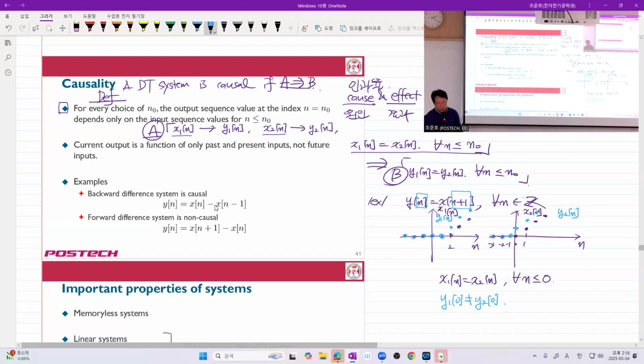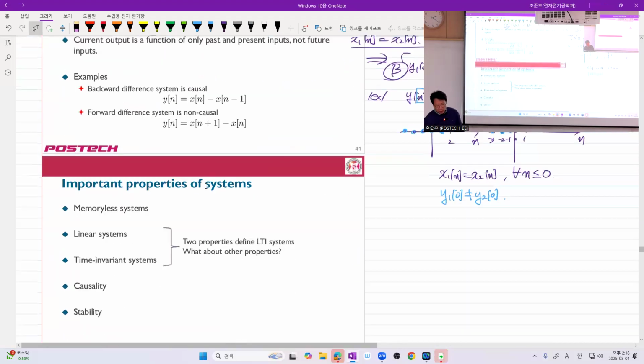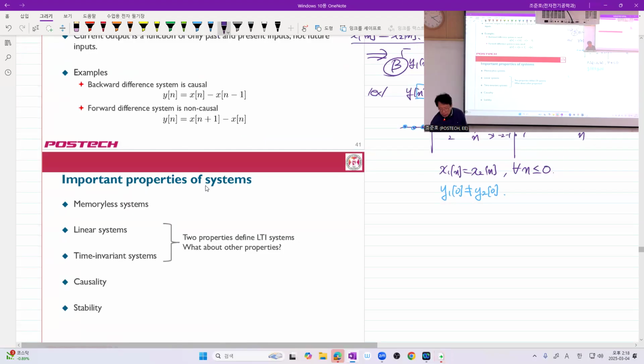Fortunately, in this course, we are focusing on DT LTI systems. And here goes a result: a DT LTI system is causal if and only if h of n equals 0 for all n less than 0.